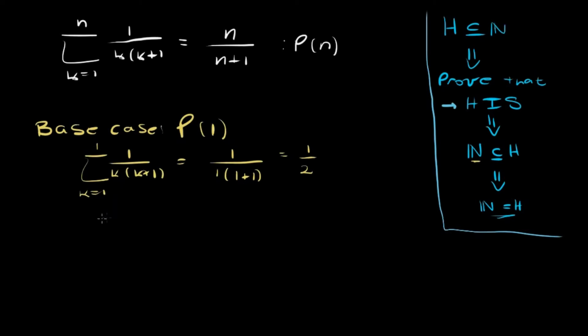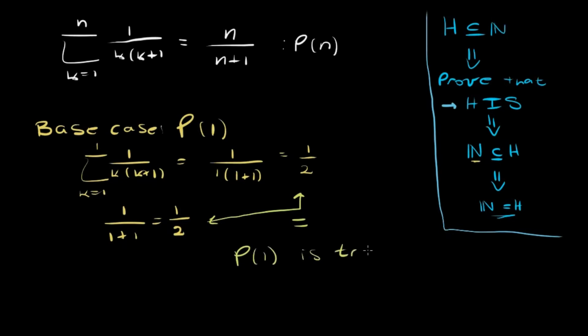And this other side, I have to write it for n equals 1. So n divided by n plus 1 is 1 divided by 1 plus 1. This equals 1/2. Okay, so these two things, they are equal. So p of 1 is true.